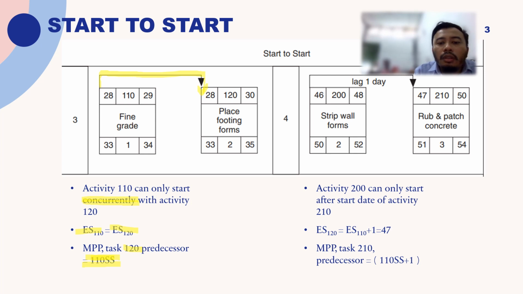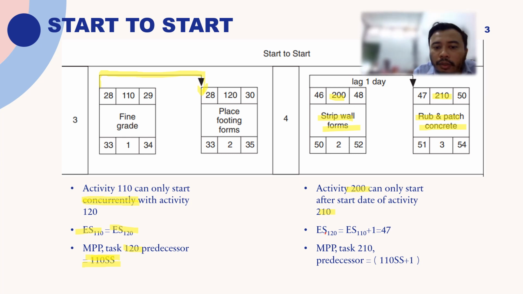Another form is when you have a lag of one day, as in example number 4 here: street wall forms and rub and patch concrete, activities 200 and 210. Activity 210 can only start after the start date of activity 200.